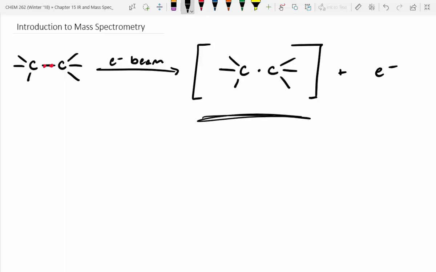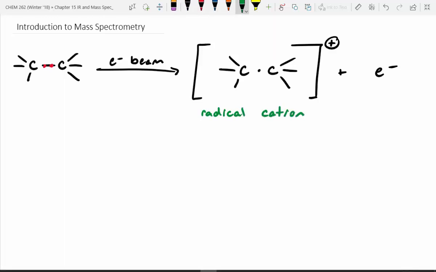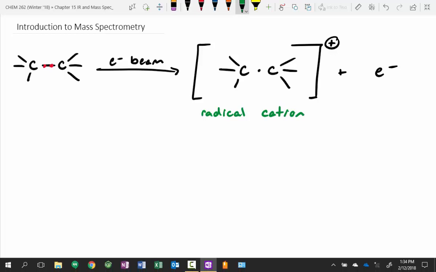This compound right here, what charge should it have? Positive, right? Because we kicked off one of its electrons, so technically it's a cation. In addition, it's got an unpaired electron in there, so people will call this a radical cation. Ultimately, these radical cations are highly, highly unstable.